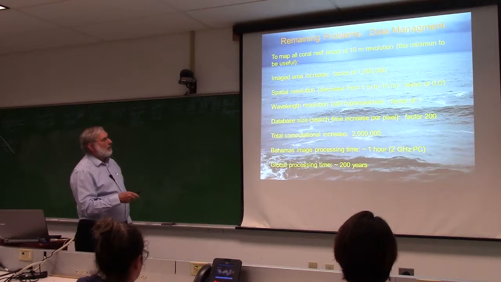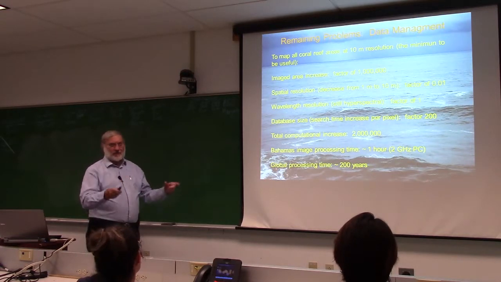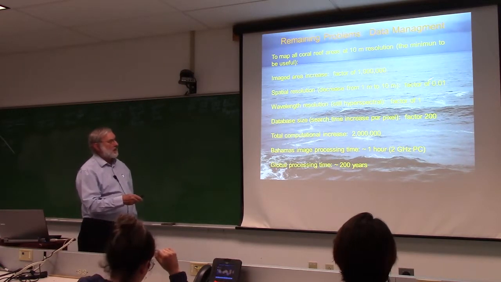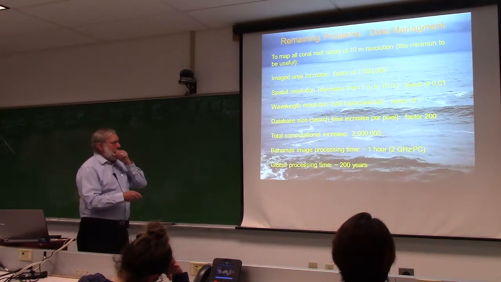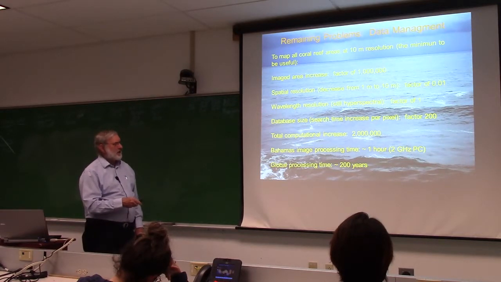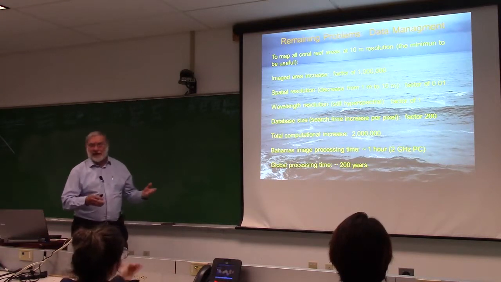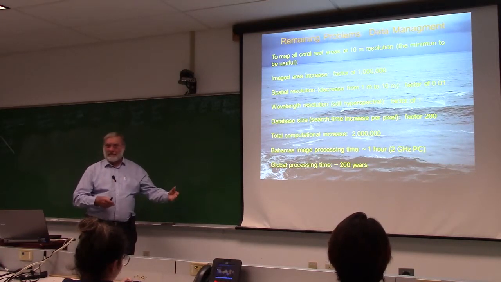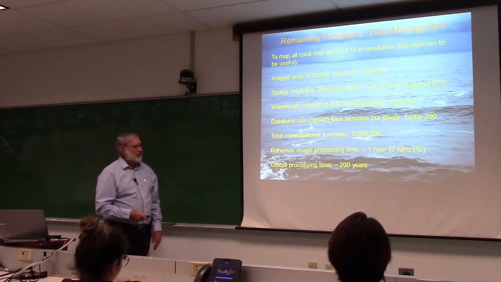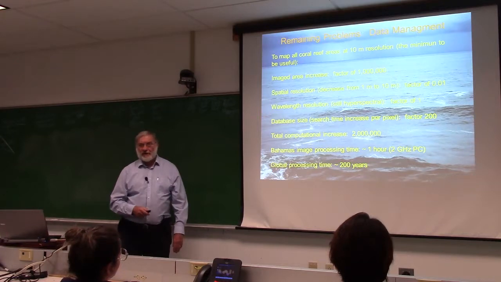I'm going to have 1 million times the area, but if I go from 1 meter pixels to 10, that cuts things down by a factor of 100. Wavelength's the same, still hyperspectral. The database is maybe a couple hundred times bigger. And I end up having to do maybe a couple of million times more image analysis. And what took me an hour on a PC is now going to take 200 years.